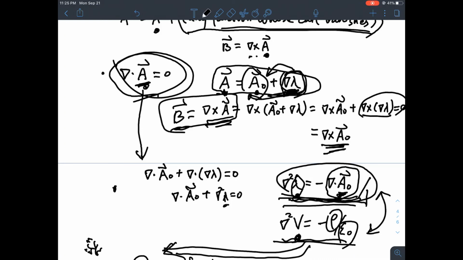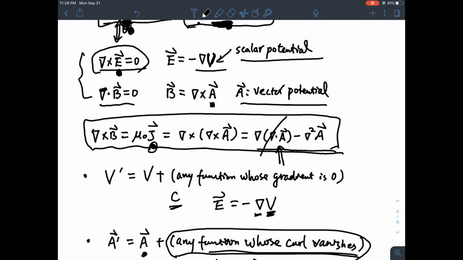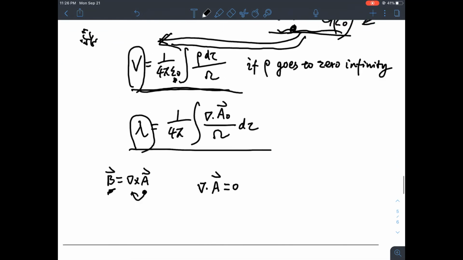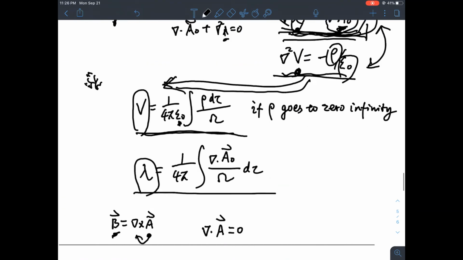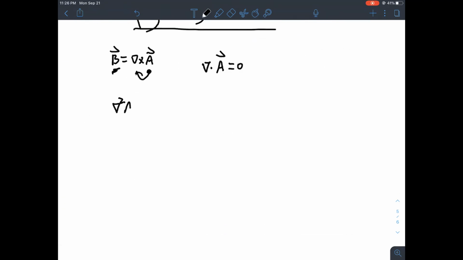It takes a gradient and adds it to the original vector A, making a new vector A, and this new vector will have a divergence equal to 0. Once we have the divergence equal to 0, the equation I showed here simplifies to del squared A equals minus mu 0 J.